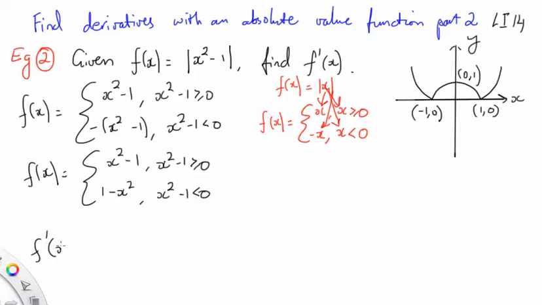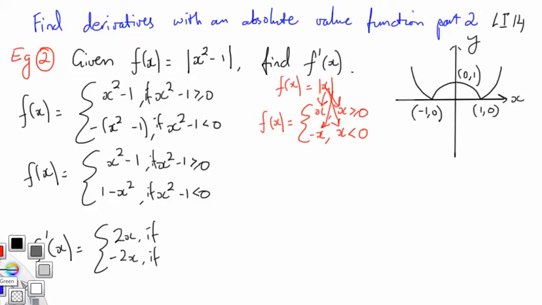So the derivative f dash of x equals 2x, and the derivative of that is negative 2x. I should really write ifs here, makes it look a bit nicer. It equals 2x if some condition, and negative 2x if some other condition.